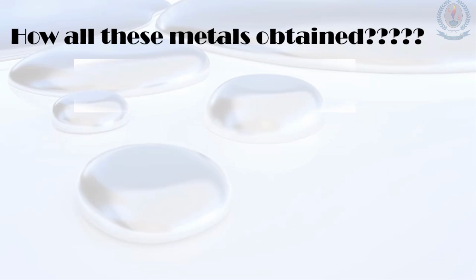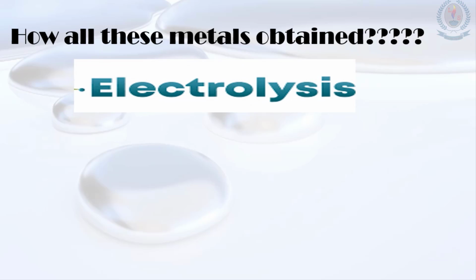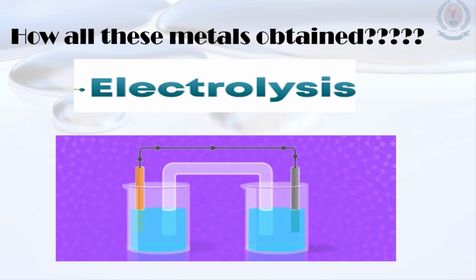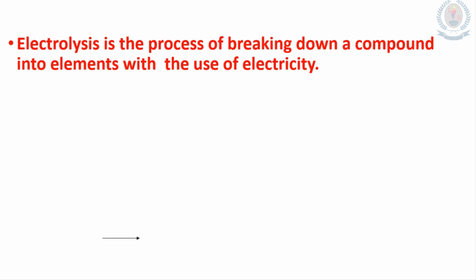Okay children, have you ever thought about the way of obtaining these kinds of metals? What are the methods that are used to obtain these metals? Yes, your answer should be electrolysis. Okay, the process is electrolysis. Electrolysis can be defined as the process of breaking down a compound into elements with the use of electricity.